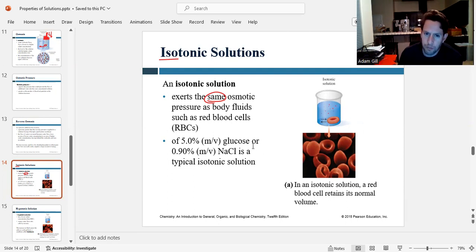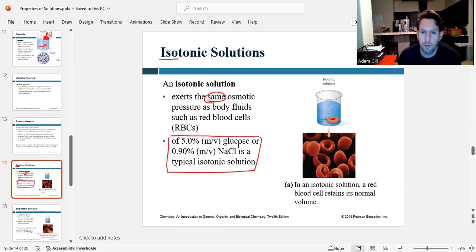And red blood cells have about 5% glucose and about 0.9% sodium chloride. So that's the concentration inside the blood cell. So if the solution outside had this same concentration as inside, we would say that it's isotonic, and osmosis would not occur because the concentrations are the same inside and out.